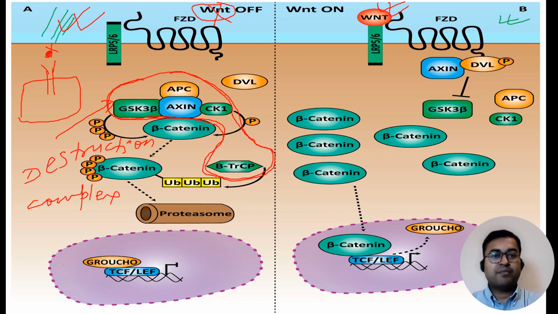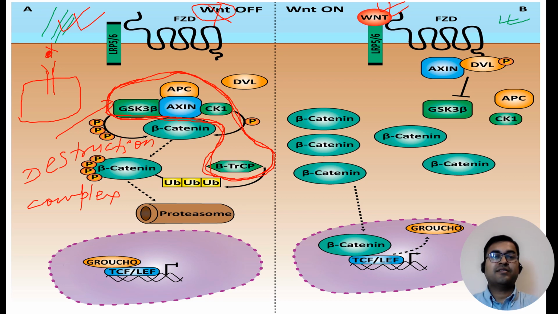This destruction complex consists of APC, GSK3 beta, Axin, CK1 and beta-TrCP. Now you can ask why we call it the destruction complex.